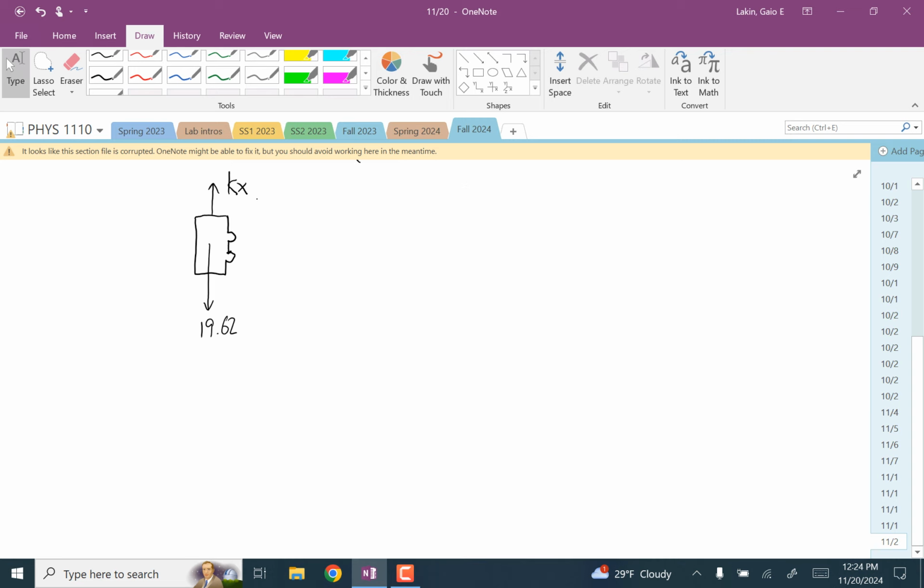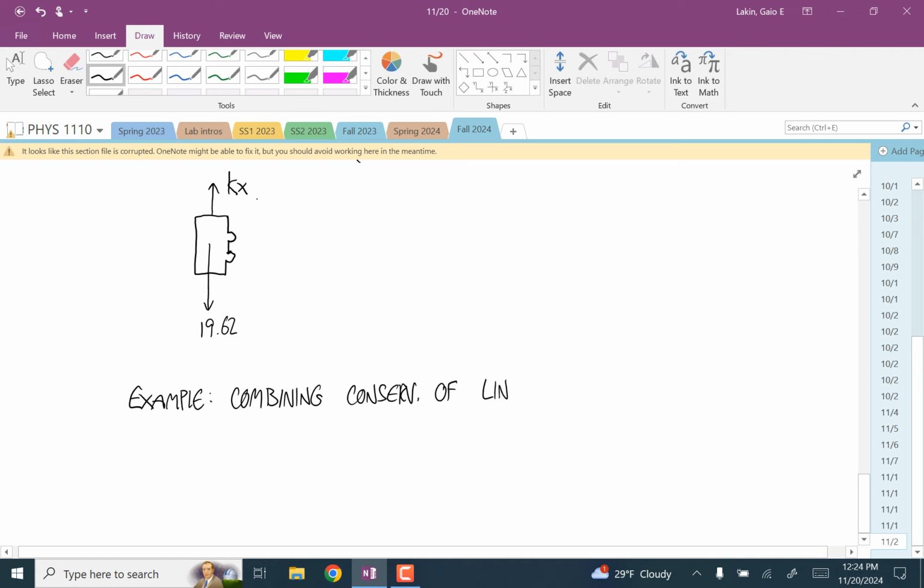Okay, one thing we're going to do in a few problems is, this is an example of combining conservation of linear momentum and conservation of mechanical energy.